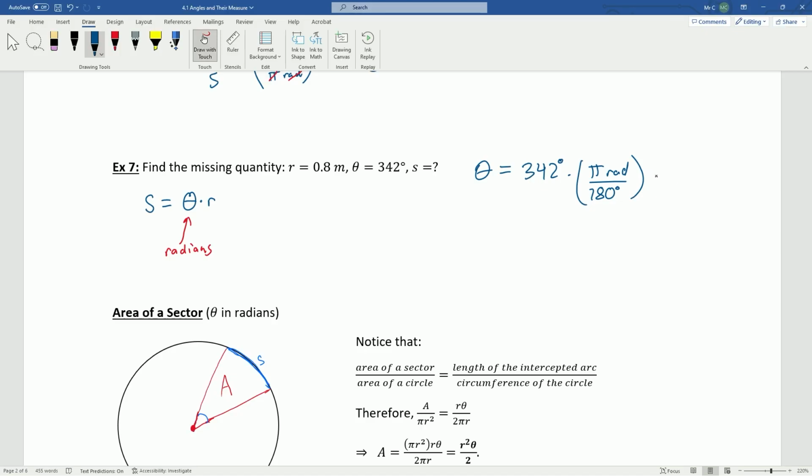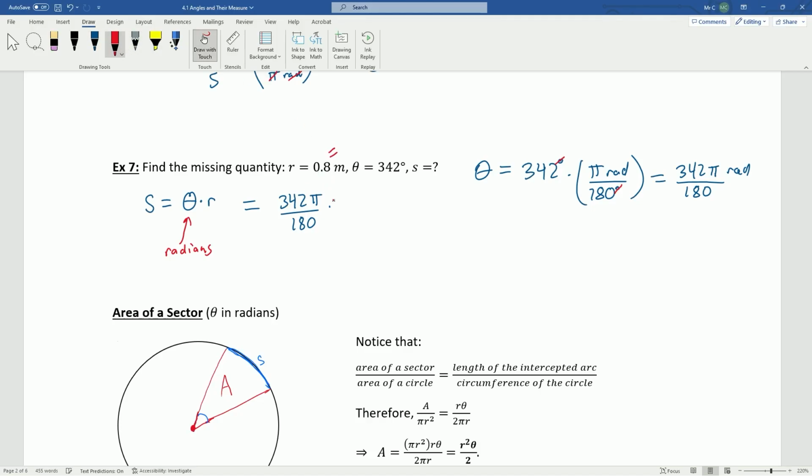Now, for now, I'll just leave this in exact form. 342 pi radians over 180. We obviously canceled our unit of degrees here. And so now, applying this formula, we get S equals 342 pi over 180 times a radius, which is 0.8.